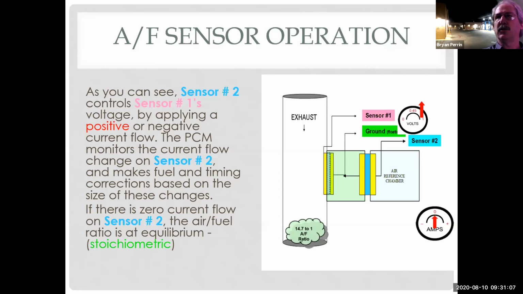Because if the mass airflow sensor is guessing the wrong amount of air, it's the O2 sensor that tries to fix it. If the coolant temperature sensor is lying and we put the wrong amount of fuel in, the O2 sensor is the guy telling you to try to fix it. So it is real high priority. It can cause a lot of weird issues with cars.